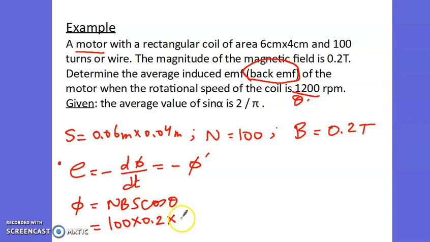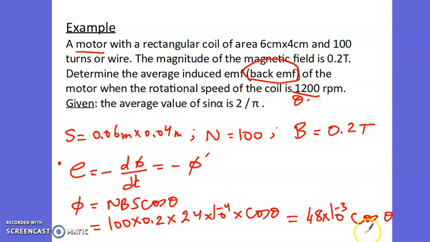Area is given 24 times 10 to the minus 4, times cosine theta. I didn't replace theta because the coil is turning or rotating inside the magnet. So theta is variable and consequently the variable quantity is cosine theta. So we get equal how much? 48, because 24 times 2 is 48, times 10 to the minus 3 cosine theta, right?